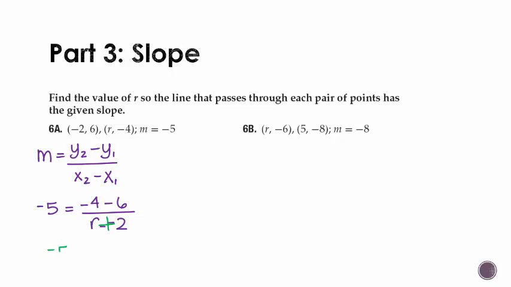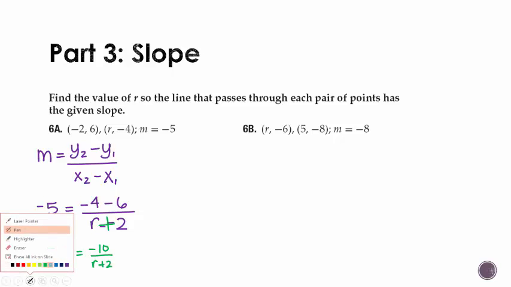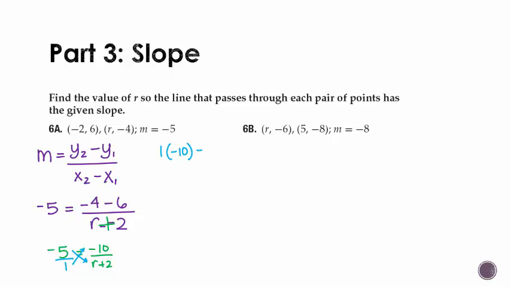This turns into -5 equals, it'll be a -10 over r plus 2. And now think back to when we solved for proportions like this. Remember, we can turn this into -5 over 1, and we can find cross products. So the first one's easy, 1 times -10, and then we'll do -5 times r plus 2, and then this just turns into a big algebra problem.